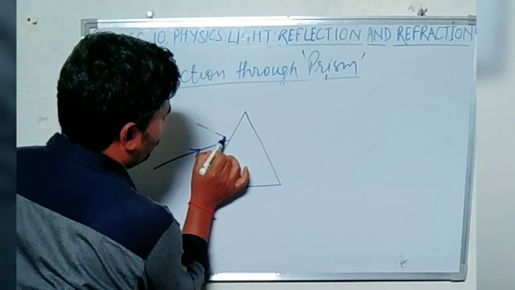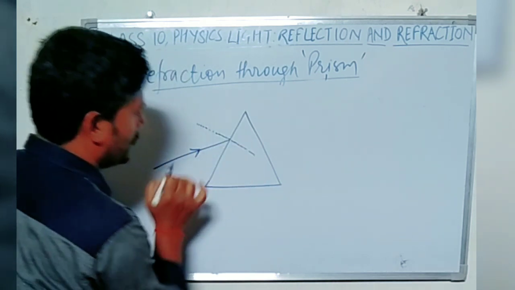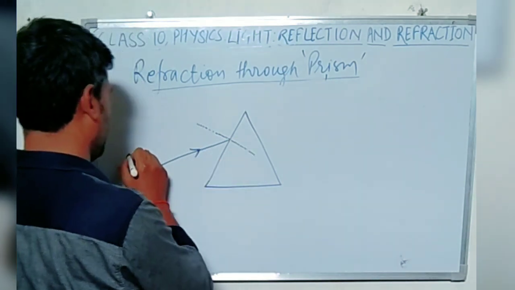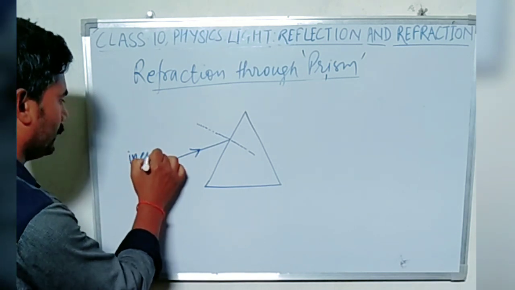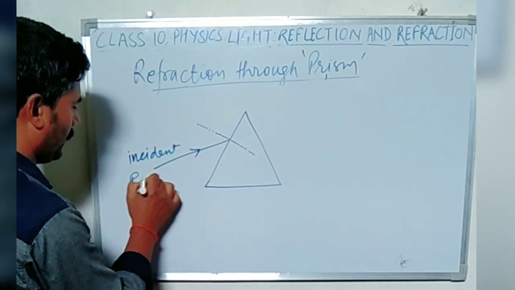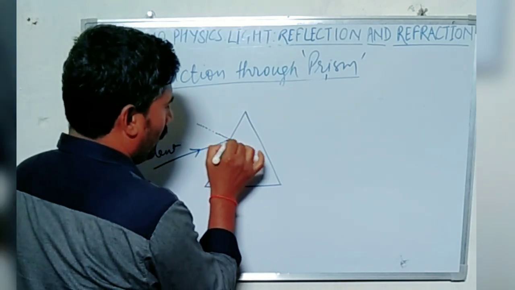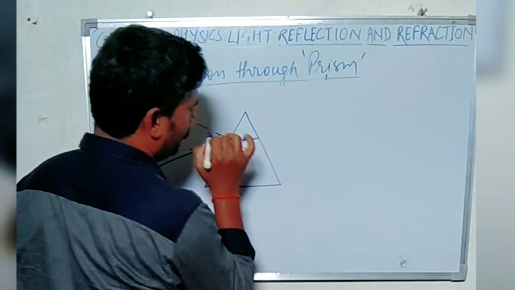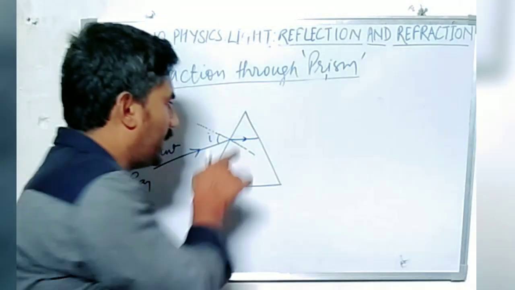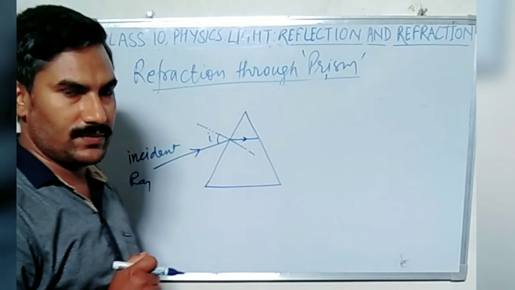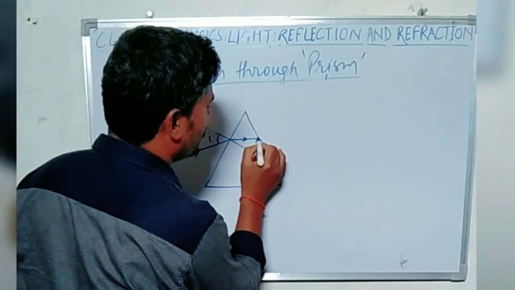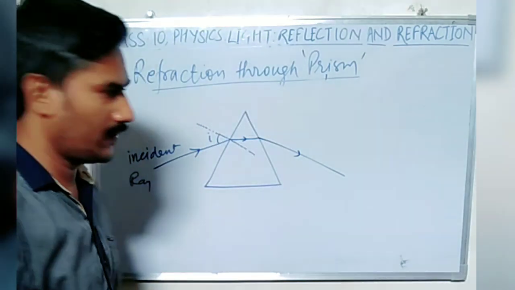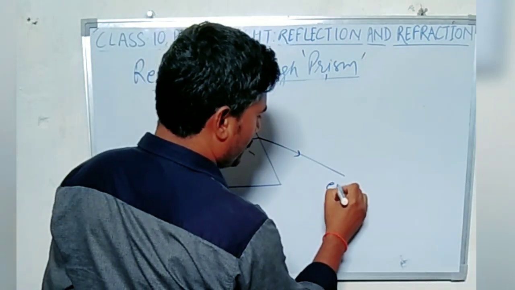When it strikes or falls on this surface, it bends towards the normal. This is incident ray, and after striking it bends towards the normal and further strikes the other side of the prism. Thereafter it emerges out of the glass, this prism glass. So this is emergent ray.